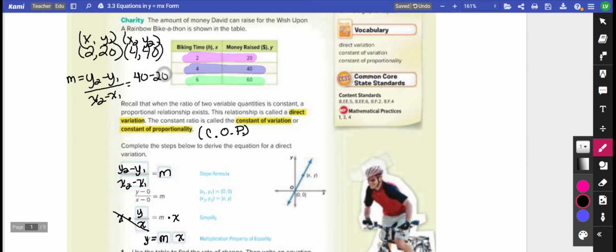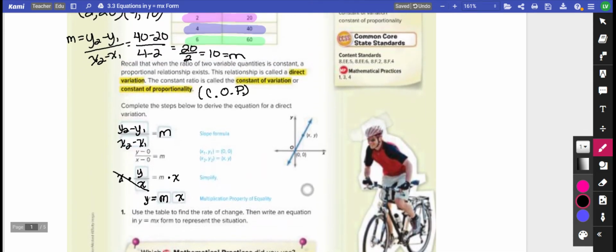40 minus 20 divided by 4 minus 2. 40 minus 20 is 20, divided by 4 minus 2, which is 2. 20 divided by 2 is 10. That is my slope. So when I go back to number 1, my rate of change is 10. Rate of change is the same thing as slope, which we solved for as 10.